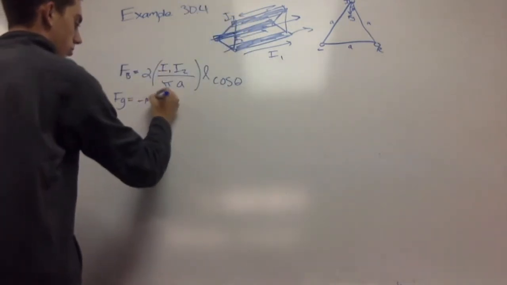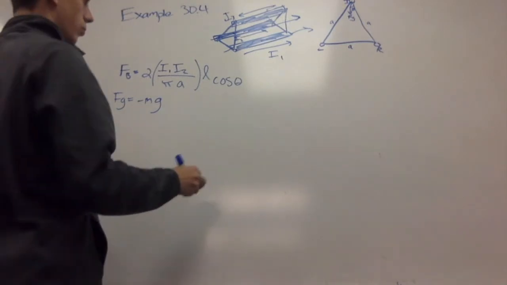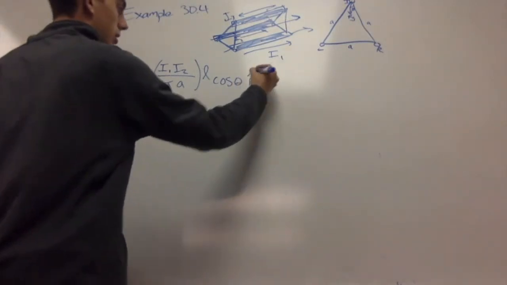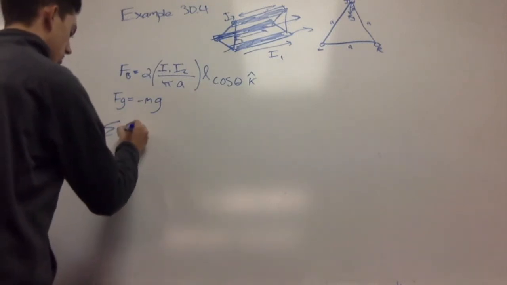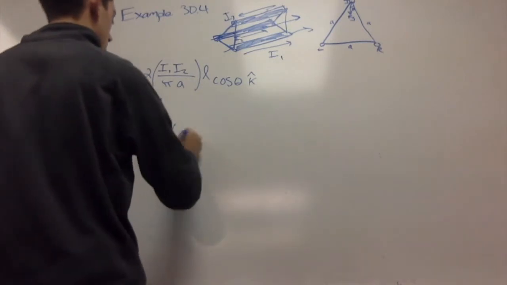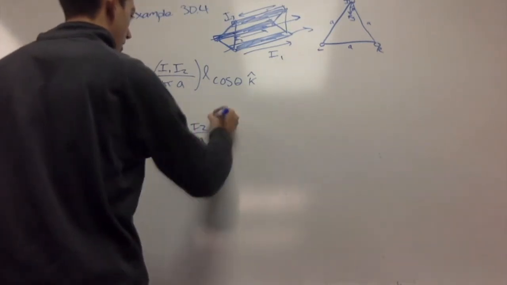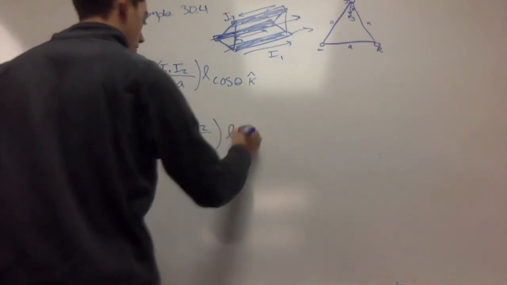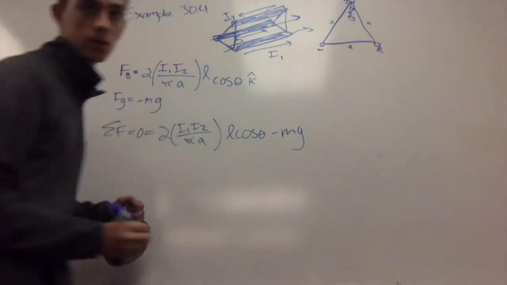It's going to be, of course, minus mass times gravity. We also realize that this is going in the k-hat direction. So then we can do the summation of forces, which is equal to 0. It's equal to 2 I1, I2, pi a, L cosine theta, minus mass times gravity.